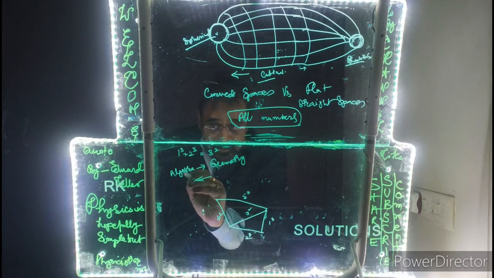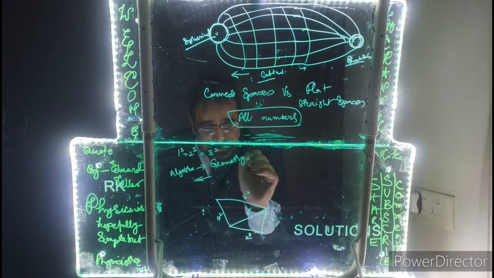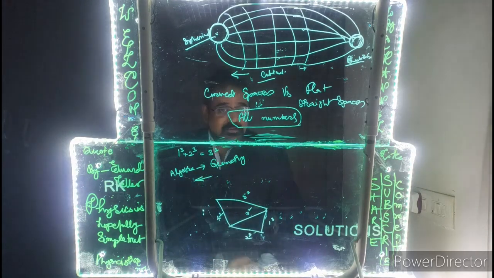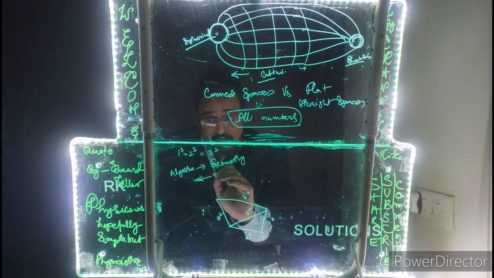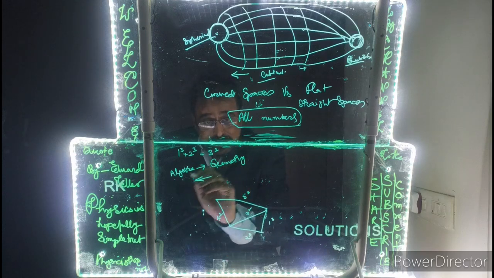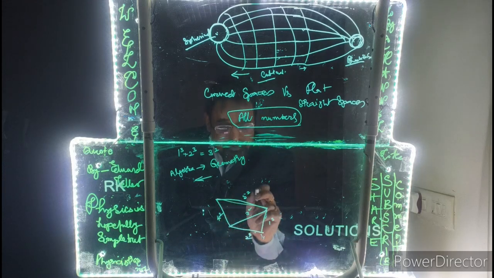Generally people take geometry and from geometry they work out algebra, math. But I took the reverse way, algebra to geometry, in the sense I took the primary natural numbers and summed them up and found the relation between them.